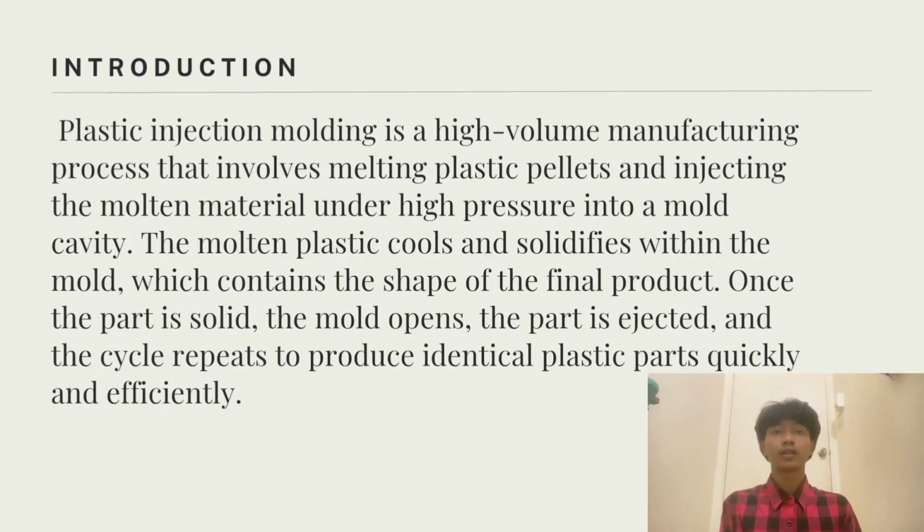Firstly, introduction. Plastic injection molding is a high-volume manufacturing process that involves melting plastic pellets and injecting the molten material under high pressure into a mold cavity. The molten plastic cools and solidifies within the mold, which contains the shape of the final product.